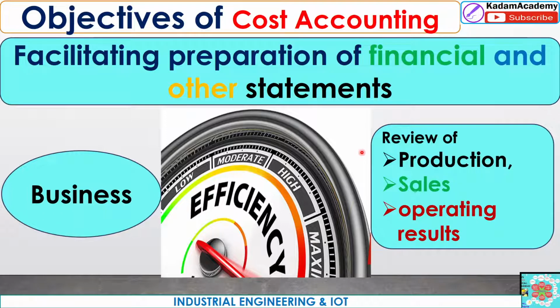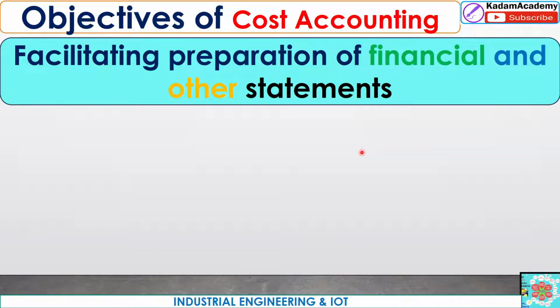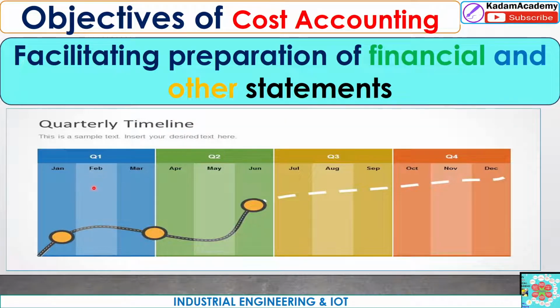So friends, cost accounting provides statements daily, weekly, monthly, quarterly, half-yearly, or yearly; at any period of time we can calculate the statements. We can find out statements with the units produced and accumulated cost with analysis.